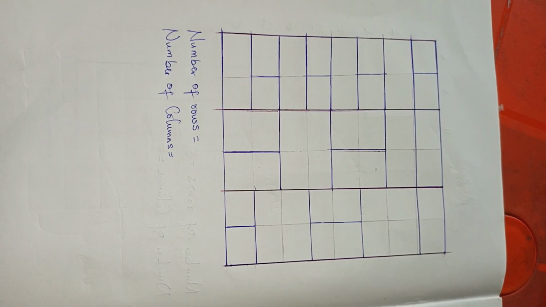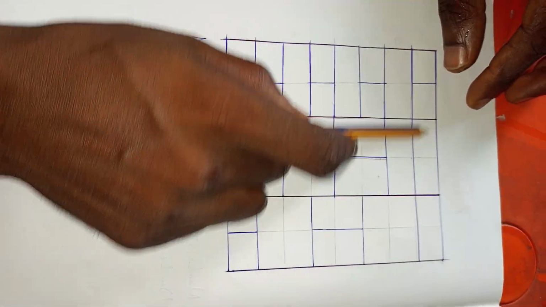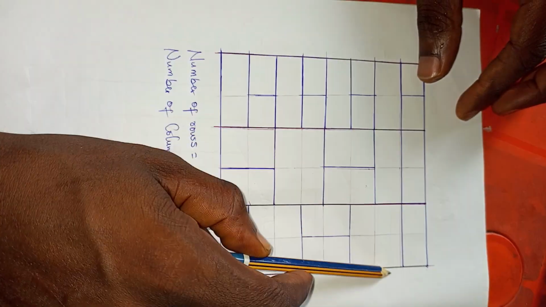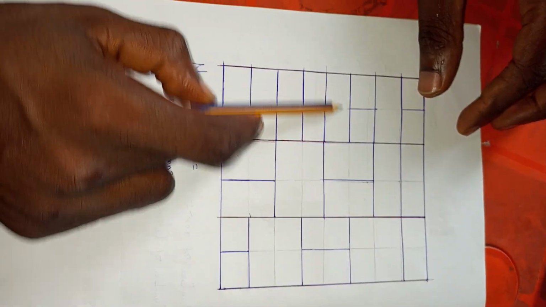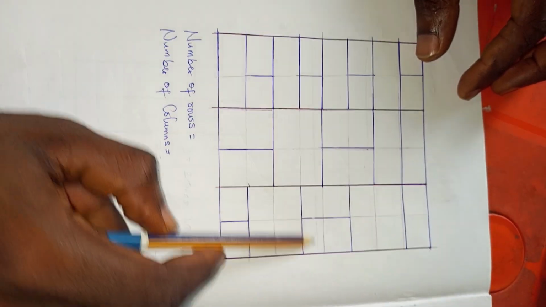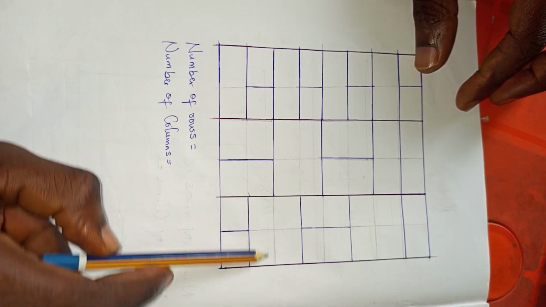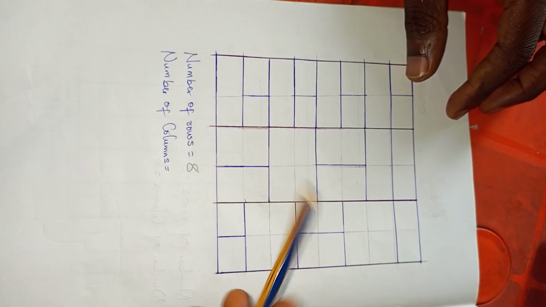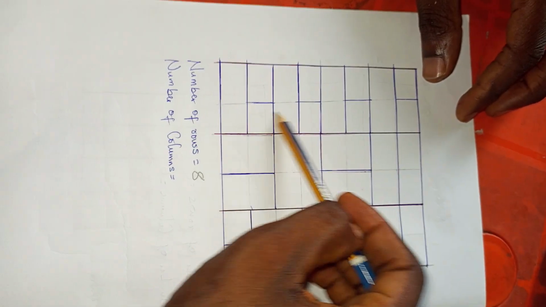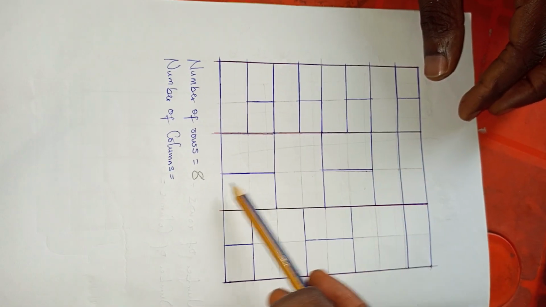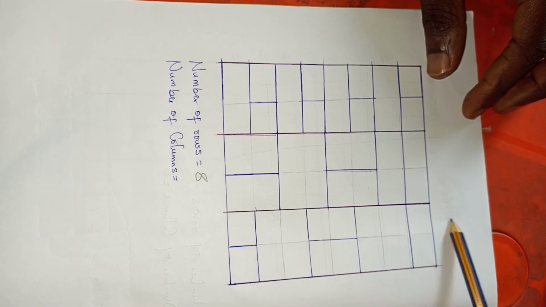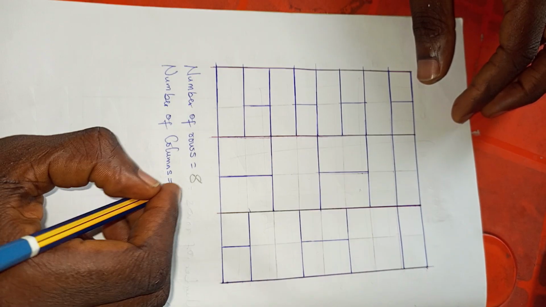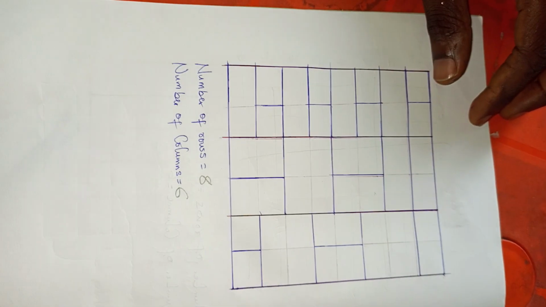So how many rows do I have here? I have one, two, three, four, five, six, seven, and eight rows. How many columns? One, two, three, four, five, and six columns.